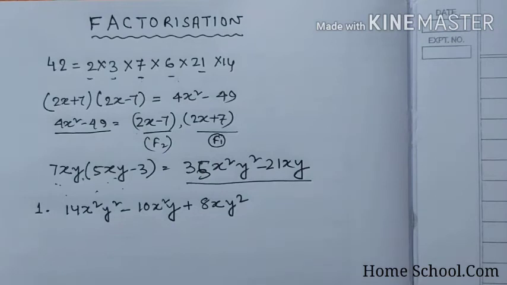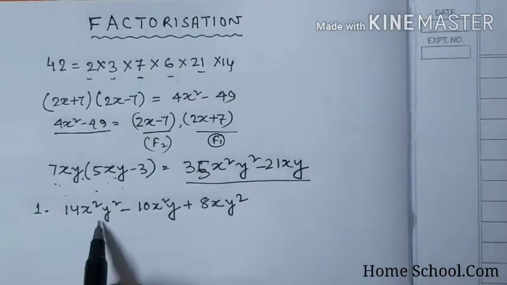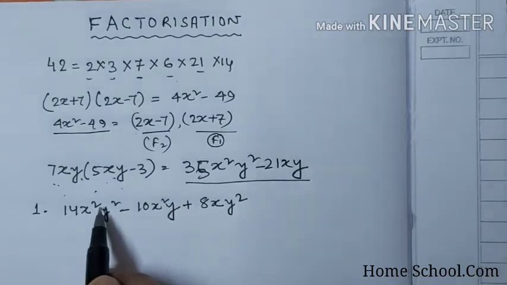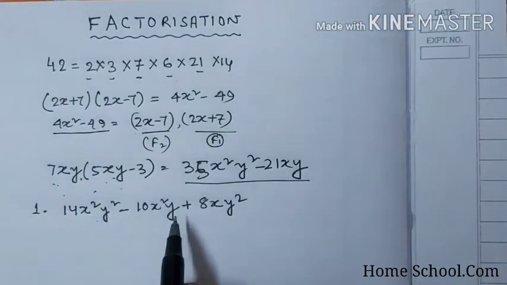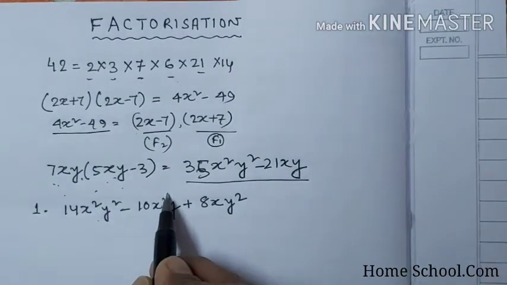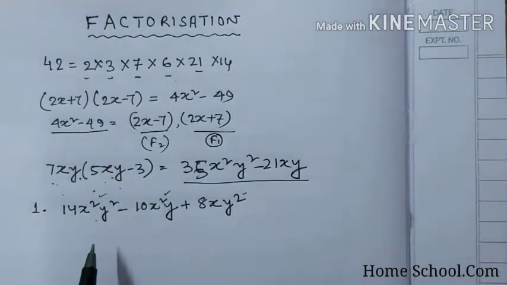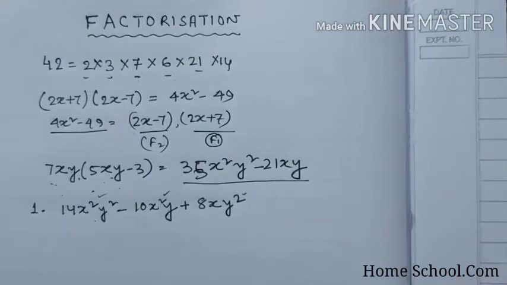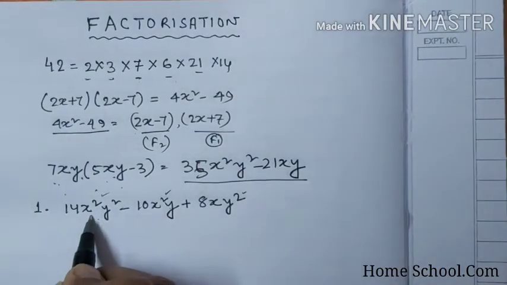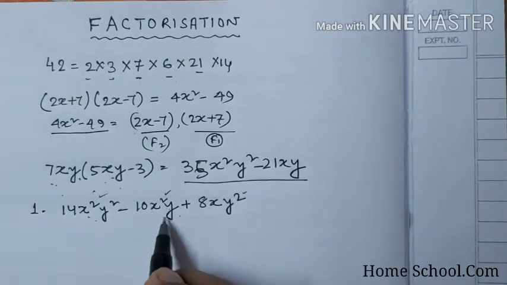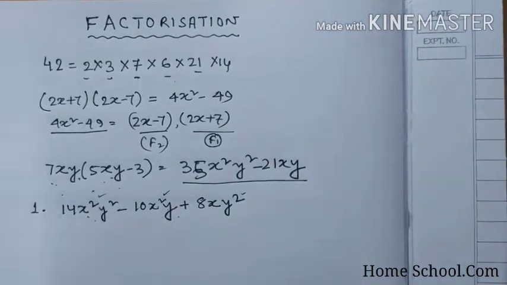What is a polynomial? First, it has exponents like x square y square. Second, it has variables, which are x and y.